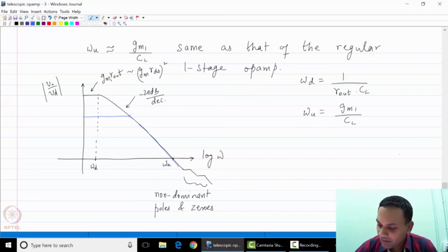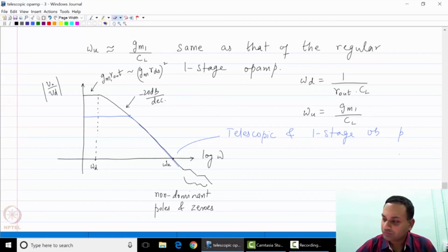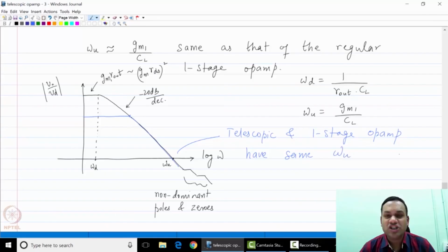So both the telescopic and the one-stage op-amp have the same omega u for a given GM and a given CL.